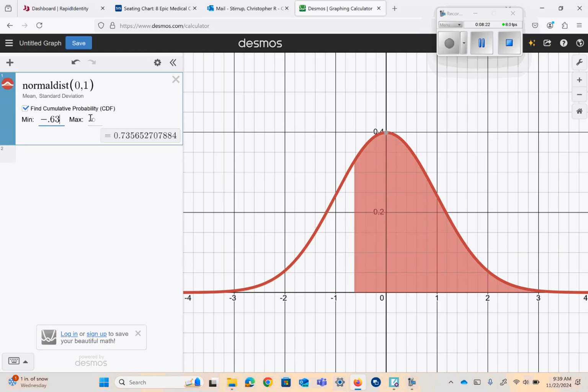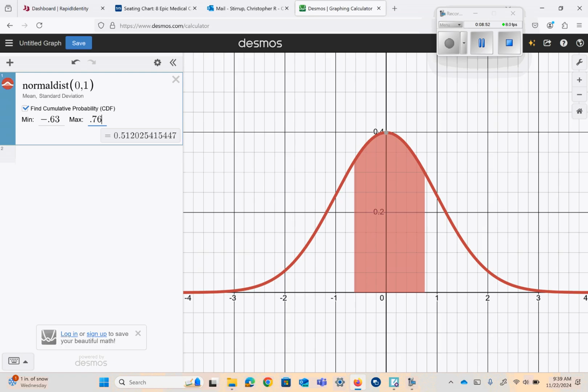And my maximum will be the 0.76. So that gives me, did I do that right? Mm-hmm. So we're talking about 51.2% of the area that is shaded. So now, any questions on 4 or 5? Do you feel comfortable with that?